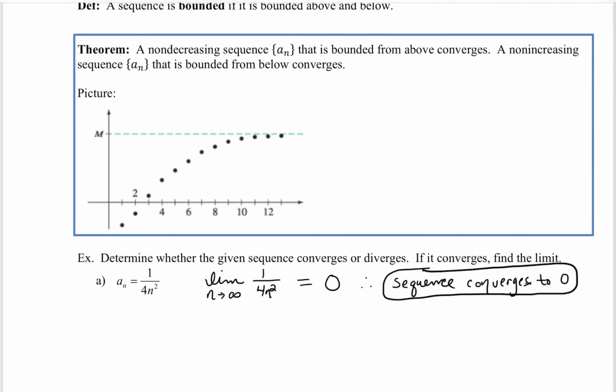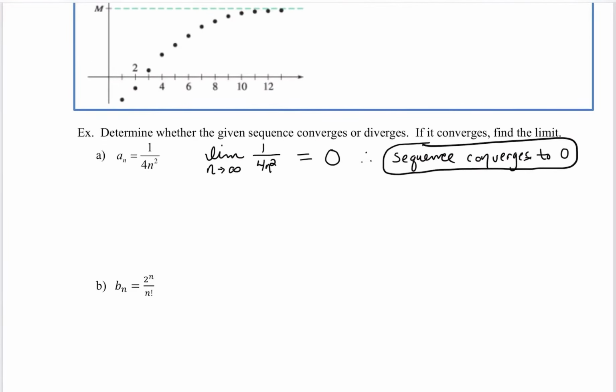All right, now this next one is a little trickier. 2 to the n, well, that's geometric by itself. 2 to the n has a common ratio of 2. But then I'm dividing it by n factorial, and we did introduce factorial here. If you were going to write out some of these terms to get a feel for it, this would be 2 to the first over 1 factorial, so 2 over 1 would be 1.